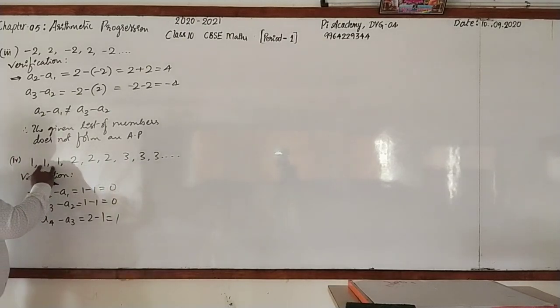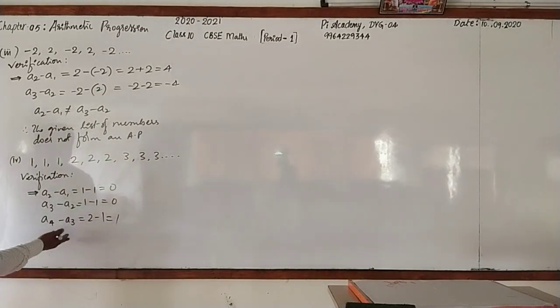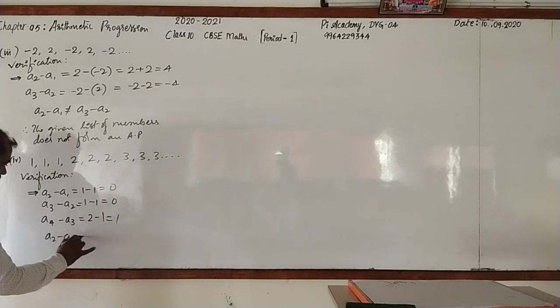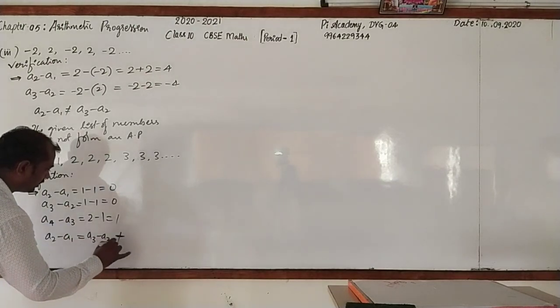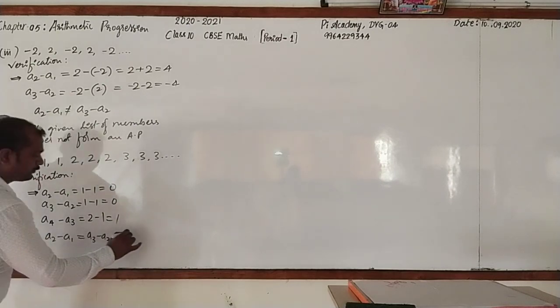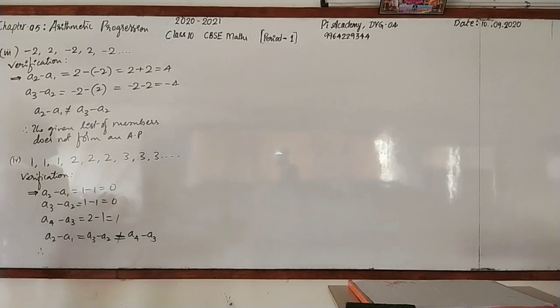If you go for taking the same terms, obviously it forms. But here, three same terms are there many times. That's why we have to find out this also. Here I will write A2 minus A1 is equal to A3 minus A2, but not equal to A4 minus A3. Therefore, the given list of numbers does not form an AP.